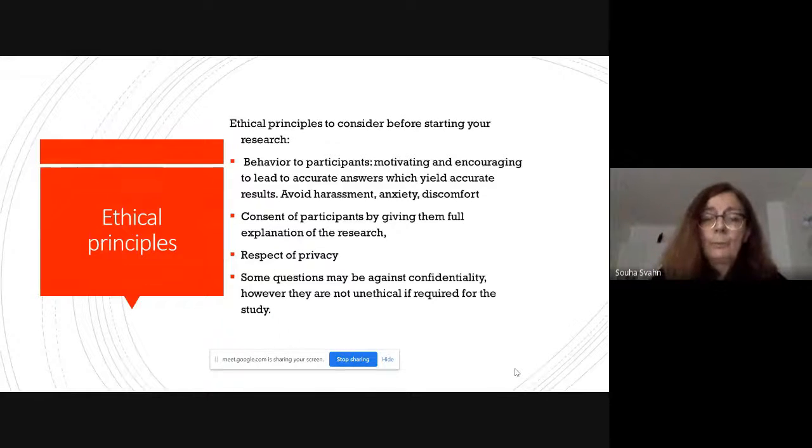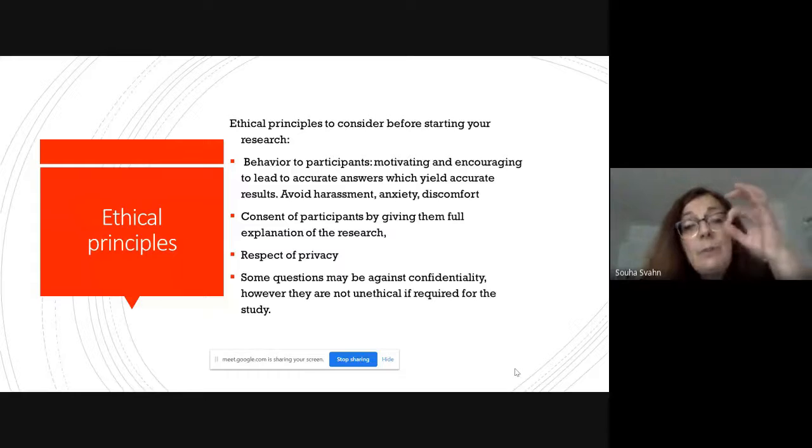Okay, that's true. That's very true. But if we are doing research on a subject which implies having ethnic analysis, religion analysis, it won't be any more unethical. So it depends upon the research.